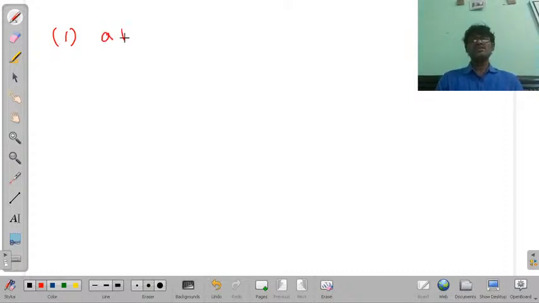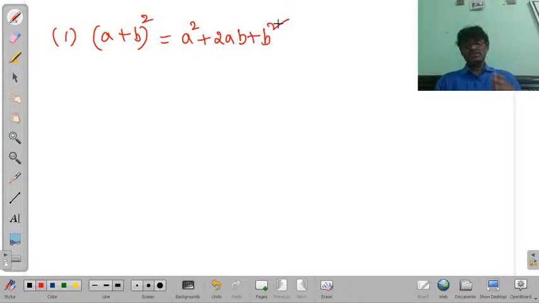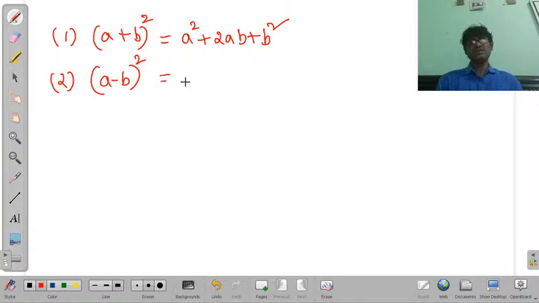One is a plus b whole square equal to a square plus 2ab plus b square. This is one identity. Now the second identity is a minus b whole square equal to a square minus 2ab plus b square. This is the second identity.